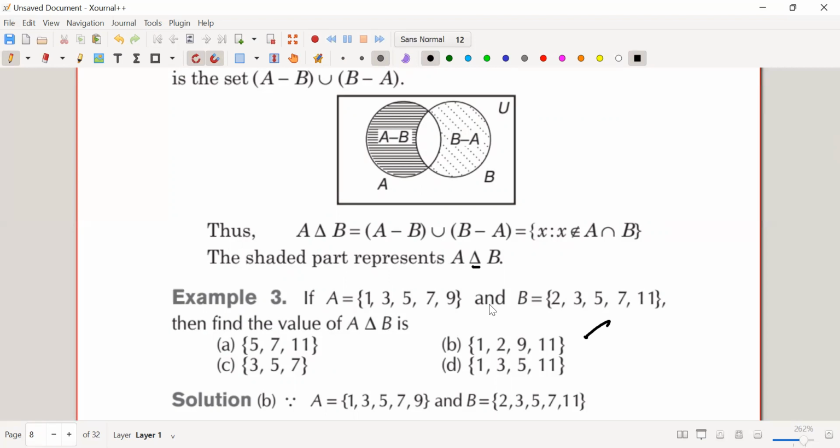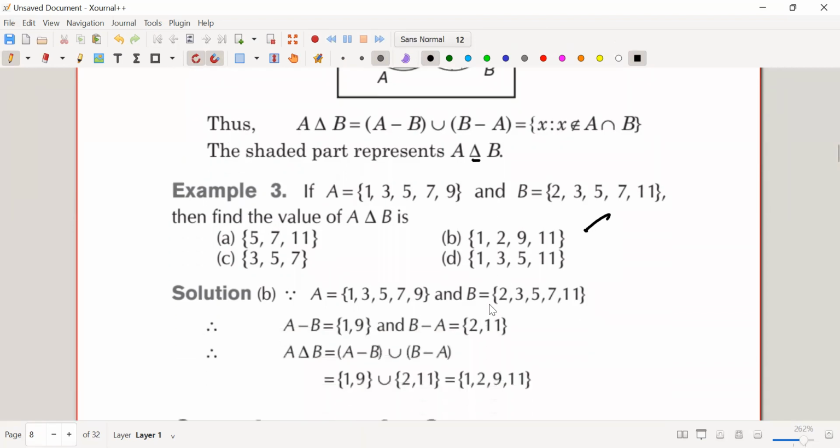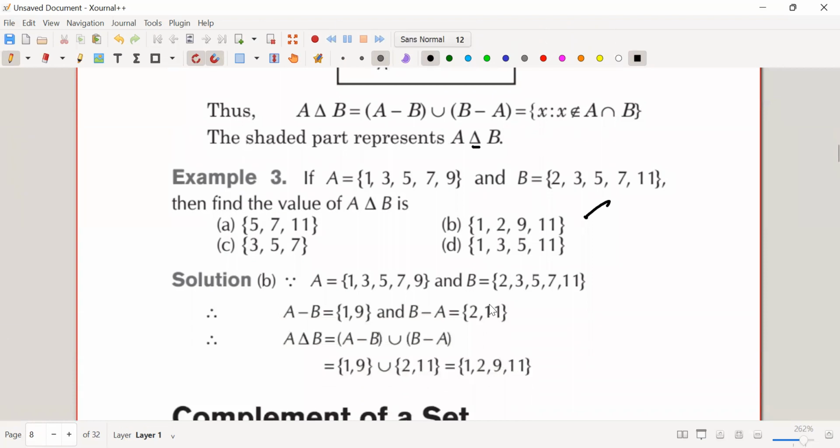Eight. Power set is 8. Is that so? Think about it. Don't hasten your answer. What's the formula for power set? 2 power n. So what is n?